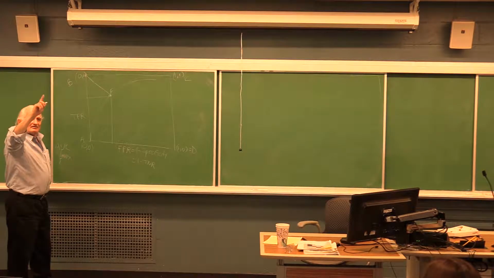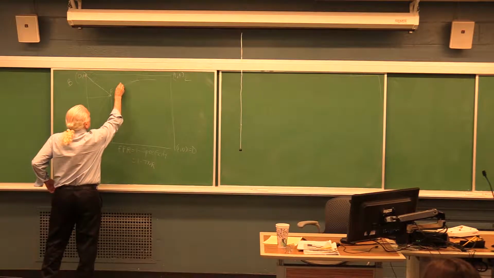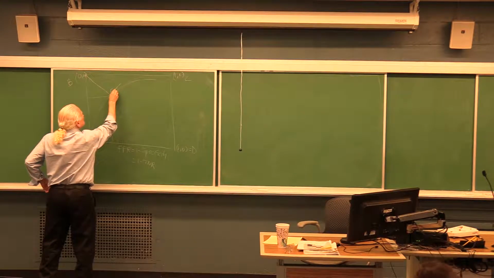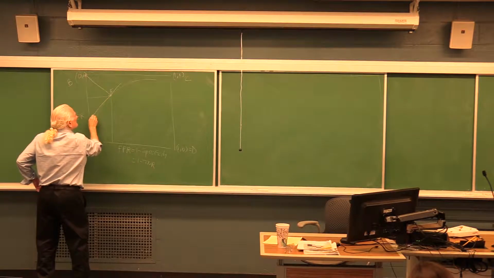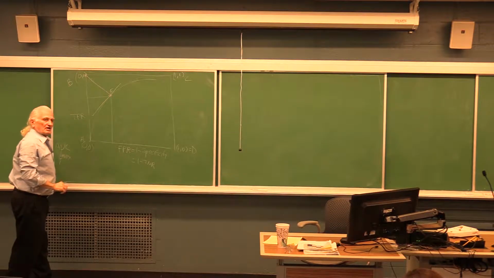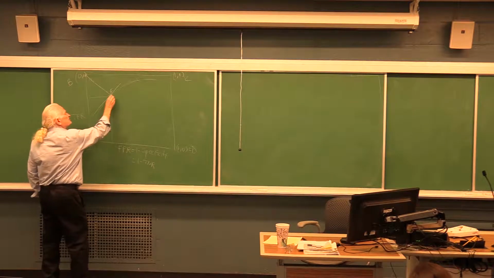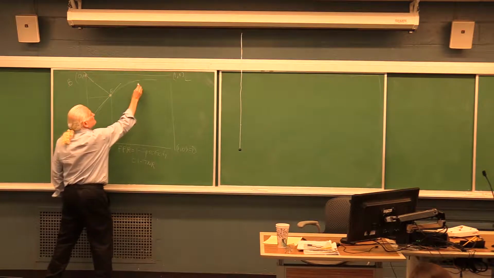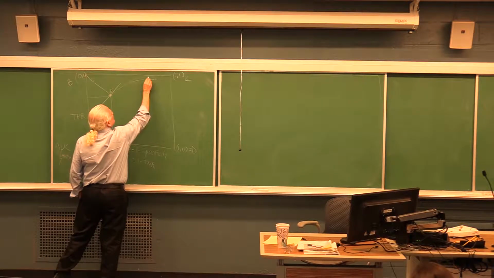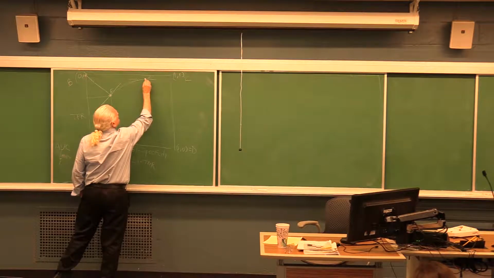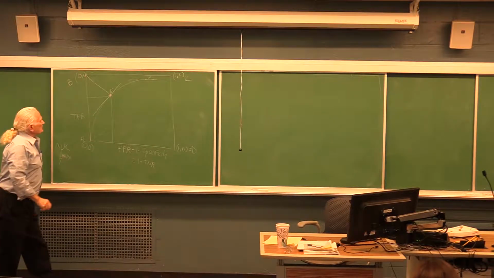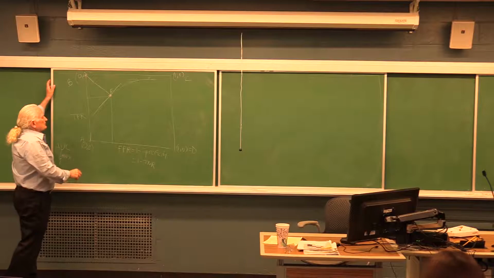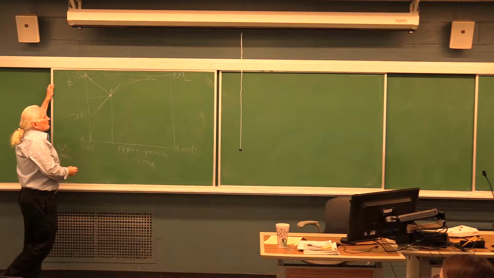Isn't the slope zero? No, the slope is at its maximum point. Both answers are correct. If I pick a point F like this, the slope would be zero there.